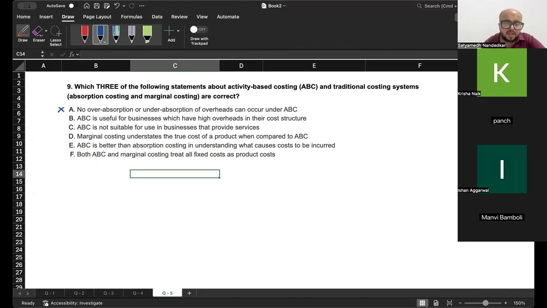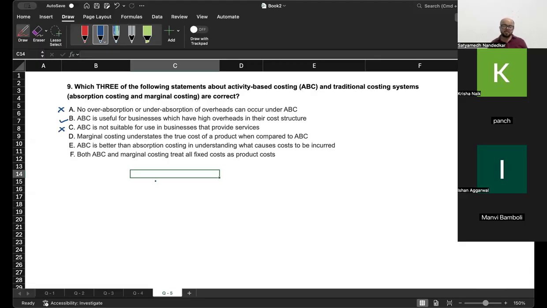ABC is not suitable for businesses that provide services. No, it can be used for businesses that provide services. In fact, ABC can be used for any business. It's better if we use it for businesses that have a high proportion of overheads because that justifies the whole effort, which is why option B is true.